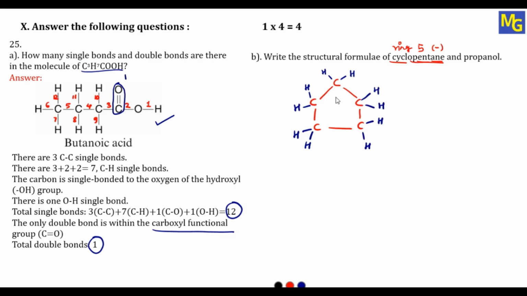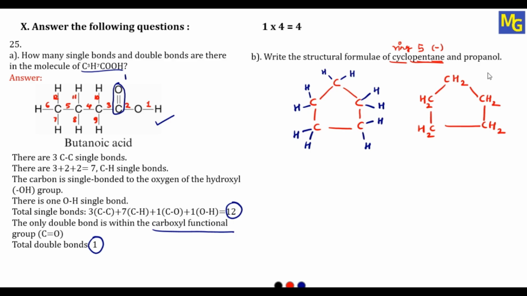And like this we can complete our structure. Combine this and write it. So CH2, then CH2, here also it is CH2, down CH2 and here also it is CH2, and this is called as cyclopentane. Structural formula of cyclopentane. So this is the structure.